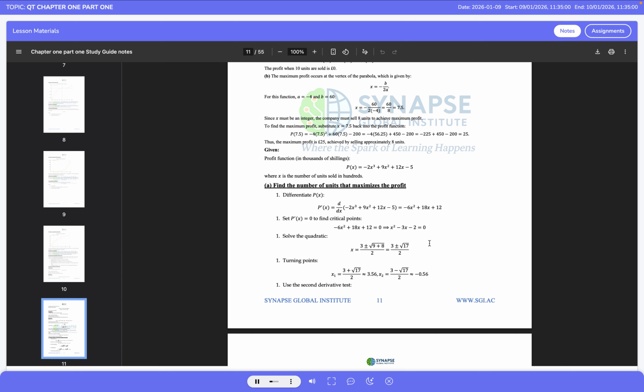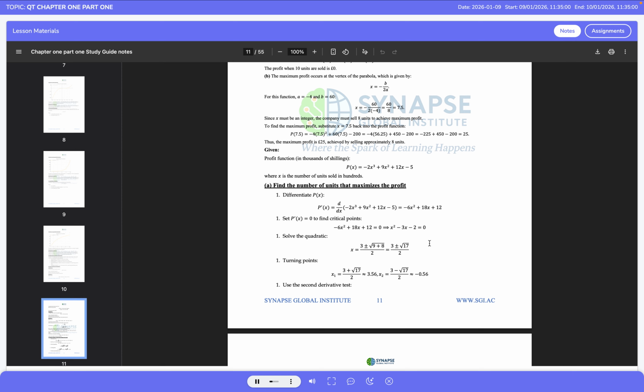To find the number of units that maximizes profit, we first differentiate p(x) with respect to x, giving p dash (x) equals negative 6x squared plus 18x plus 12. Setting this equal to 0 gives negative 6x squared plus 18x plus 12 equals 0, which simplifies to x squared minus 3x minus 2 equals 0.